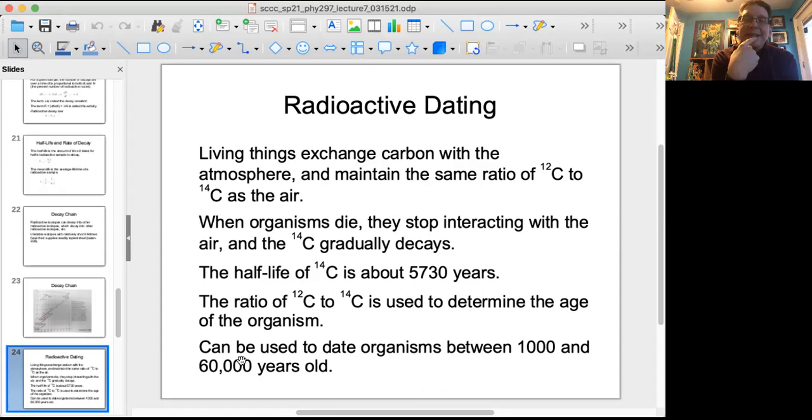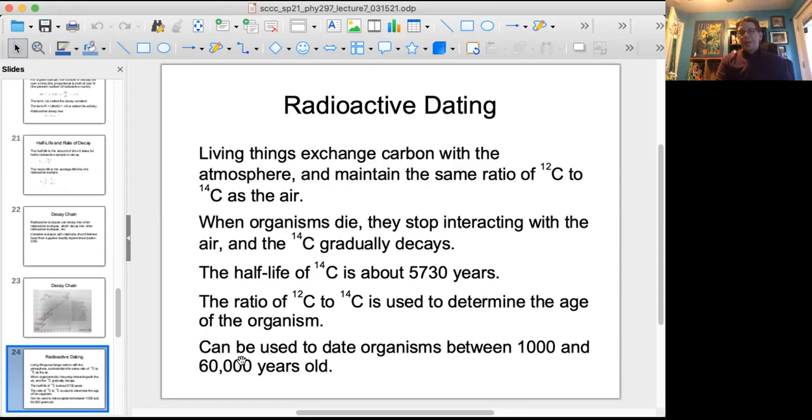But when organisms die, they stop interacting with the air. So whatever carbon-14 is in the organism at the moment of its death doesn't get replenished, and the C14 gradually decays. So you can use the ratio of C12 to C14 to determine the age of the organism, because we know what that ratio is in the air and in a living organism.